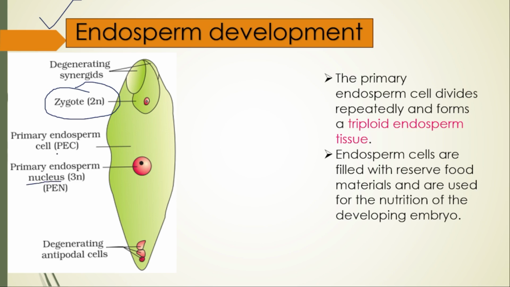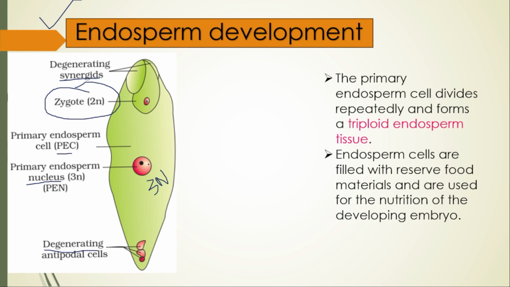Inside this cell there is a PEN which is 3n in number due to the triple fusion. The antipodal cells and synergids degenerate after fertilization. The primary endosperm cell divides rapidly and forms a triploid endosperm nucleus.